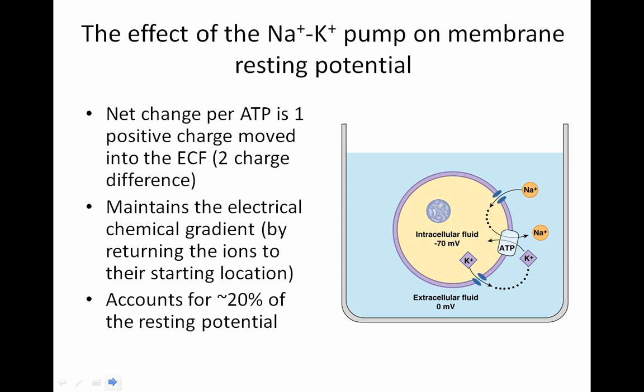For every ATP, we're really moving 3 sodiums back out and 2 potassiums back into the cell, so we're creating a difference of charge of about +1. And so when you're looking at membrane potential, the sodium-potassium ATP pump, which is moving things back to where they started, creates about 20% of the resting membrane potential.